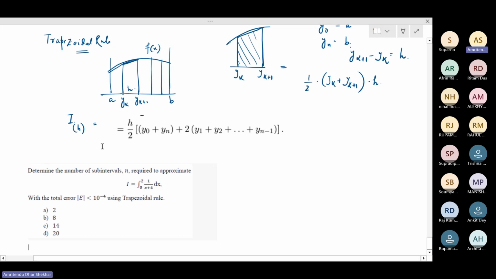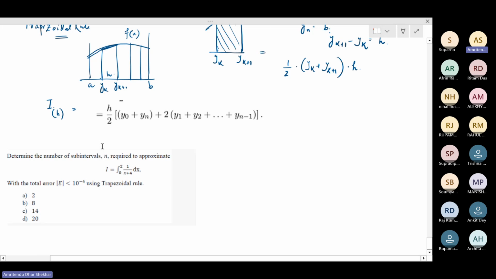So for the trapezoidal rule, we have the following error estimate. It's important to remember this.